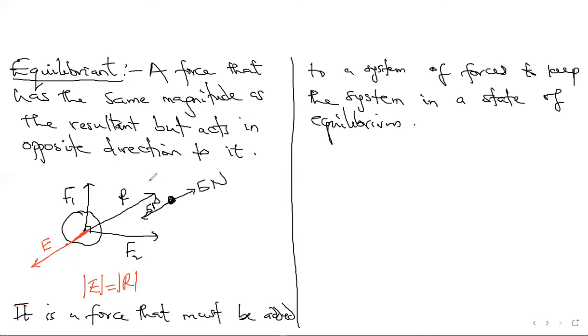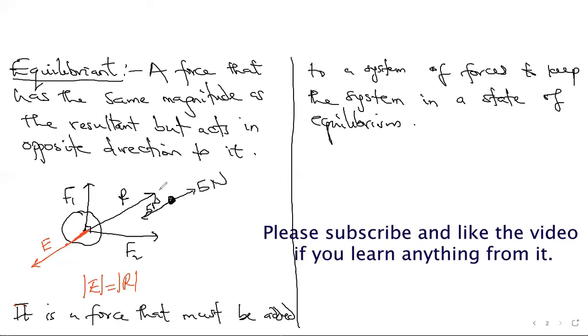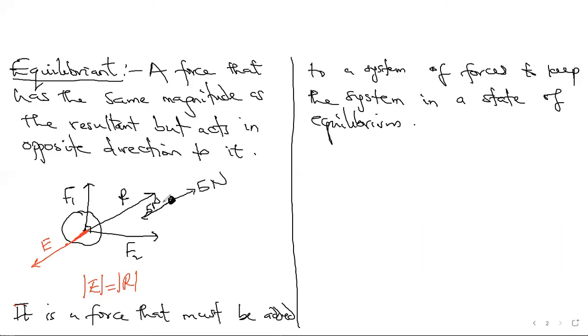And what you want to maintain is a state of static equilibrium, you don't want that object to move. You want it to remain stationary. So which means you need to apply a force that has the same magnitude as the resultant, the force which tends to move it in a particular direction. We applied a force that has the same magnitude, but opposite direction to it. Okay.